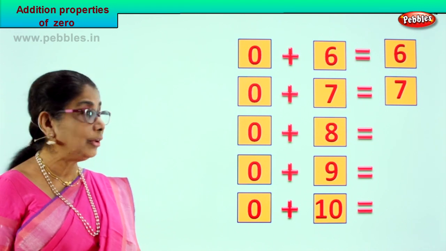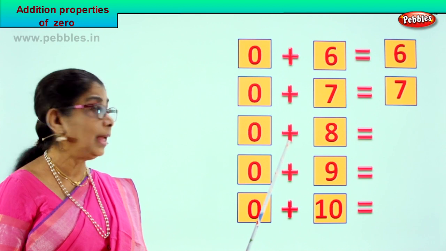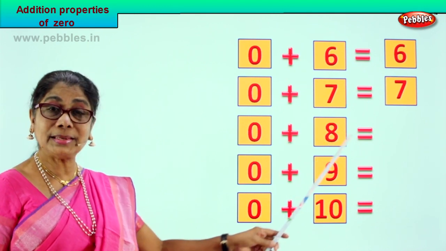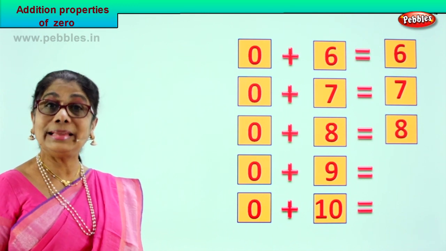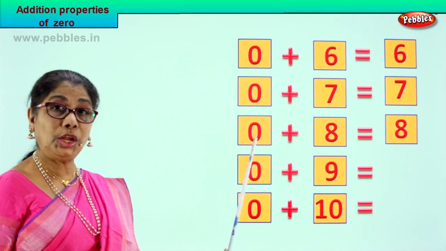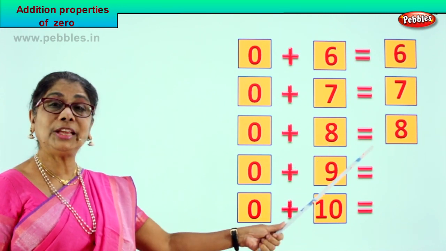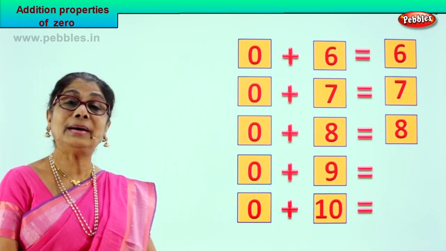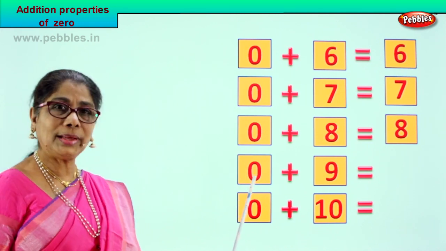Good. Shall we go to the next exercise here? 0 plus 8 is equal to the number 8 itself. Read it again. 0 plus 8 is equal to the number 8 itself.